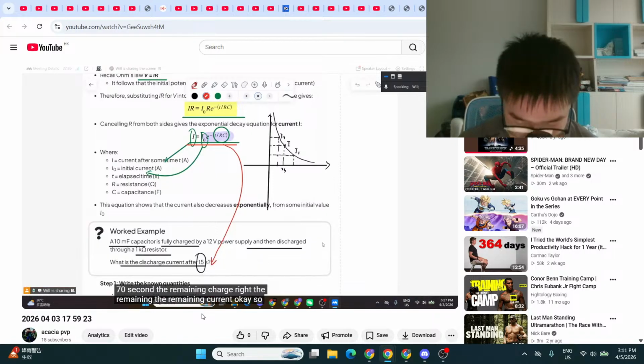Okay, let's do the worked example. A 10 mF capacitor is fully charged by a 12 V power supply and then discharged through a 1 kΩ resistor. What is the discharge current after 15 seconds? We're trying to find the current.